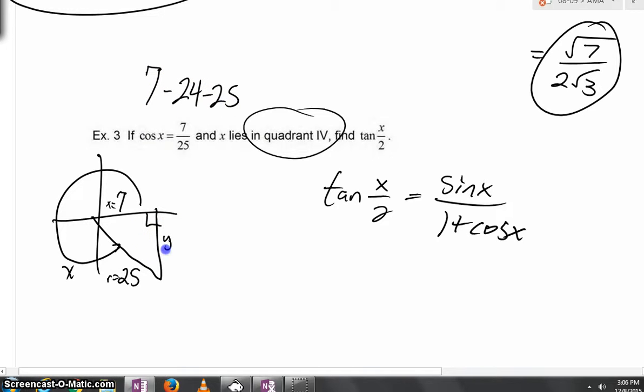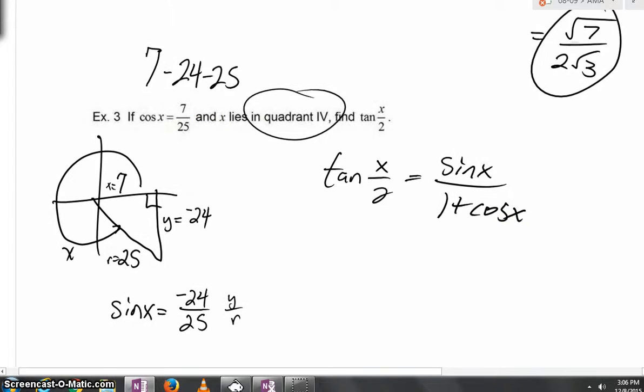Well, that means that my y value here would have to be, careful now, negative 24 because I'm going down. Right? Now, sine of an angle would, of course, be the opposite over the hypotenuse, or the y-coordinate over the radius. And notice it is a negative. In the fourth quadrant, sine is negative.